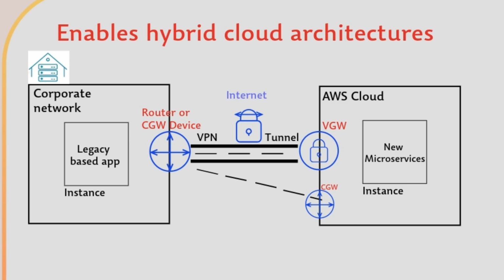We have a legacy application present in the corporate network. On the corporate network side, we have a router device connecting over the VPN tunnel through the internet securely to the VGW endpoint, and the resources present in the corporate network can communicate with the new microservices present in the AWS cloud.